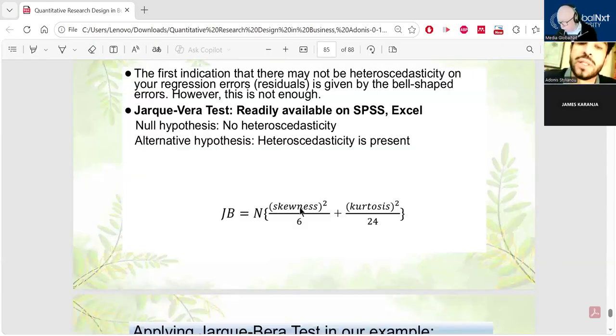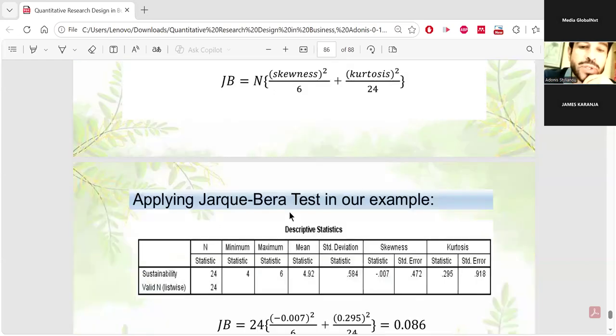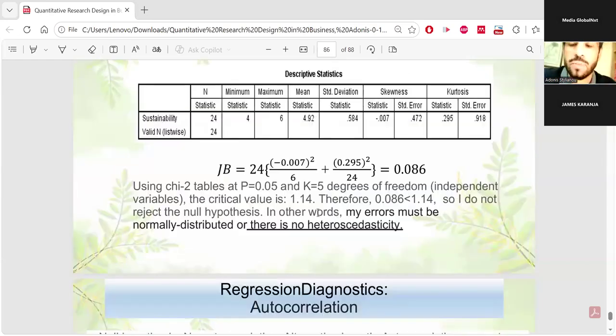The skewness deals with the difference between the median and the mean, and the kurtosis is about the tails of the distribution, how fat or thin they are compared to the normal distribution. You calculate the statistic, and then you compare it with the equivalent tables, and you get the results. You make a decision whether you have heteroscedasticity or not.